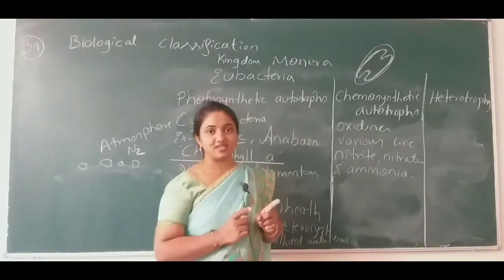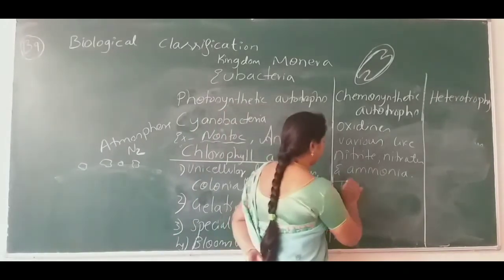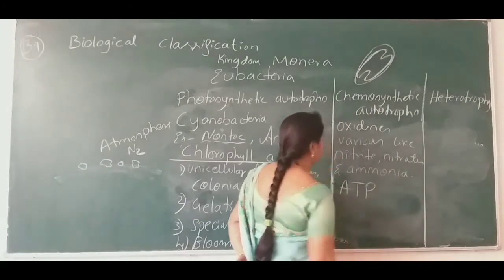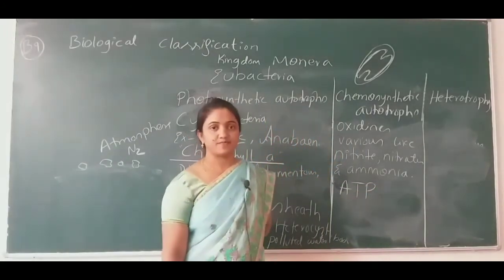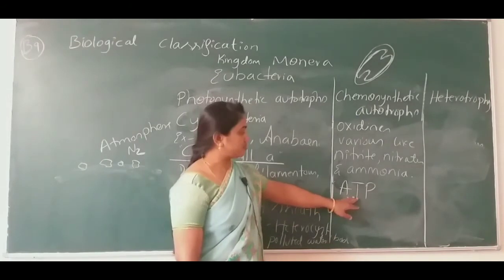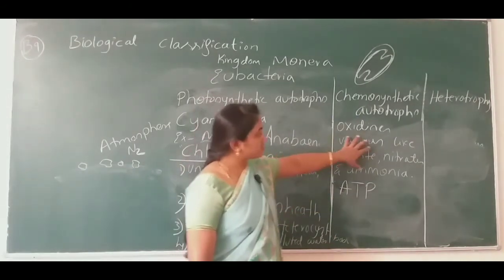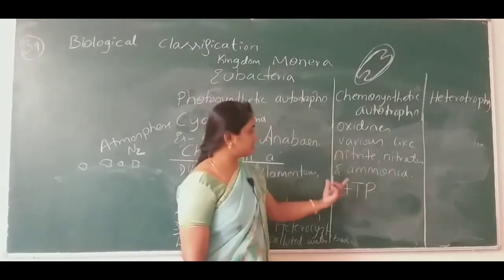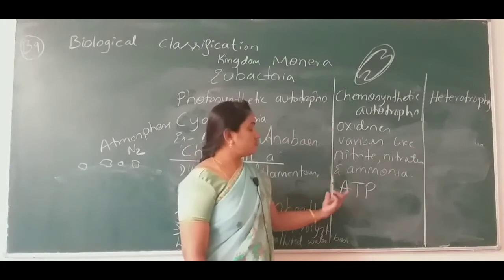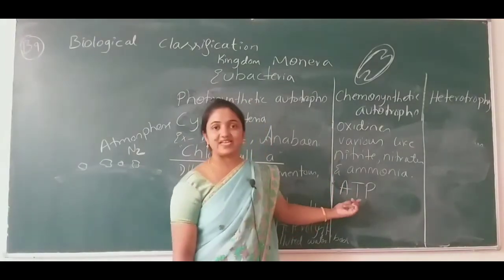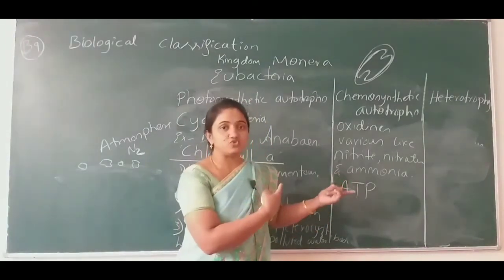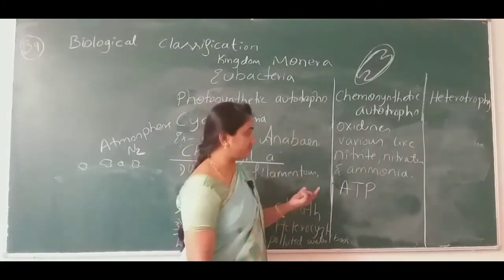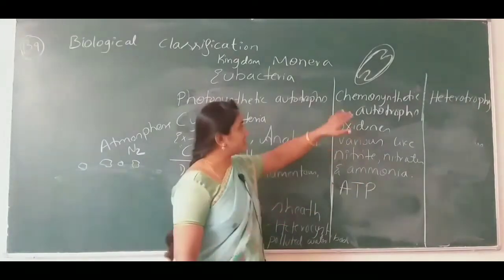By utilizing that energy, they produce adenosine triphosphate. So when they oxidize these kinds of inorganic substances, it will be useful to prepare the ATP energy, which will be utilized for the production of energy, for the production of proteins and all inside the body.